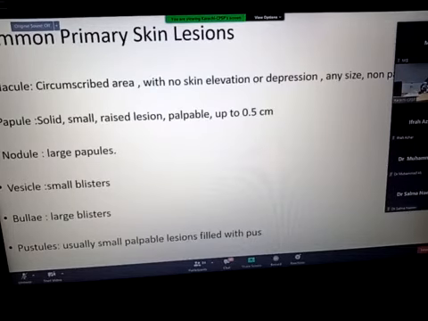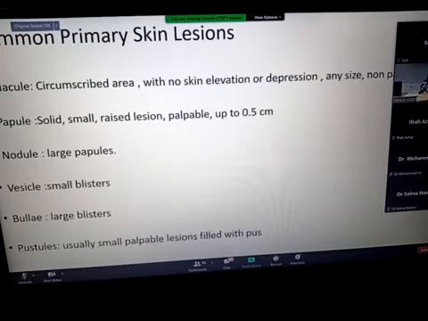The important thing is this, that it is not palpable. You cannot palpate it since it is not elevated. There is no depression. It is just a circumscribed area. Papule is palpable. It is a solid, small, raised lesion. Small lesion may be up to 0.5 centimeter.